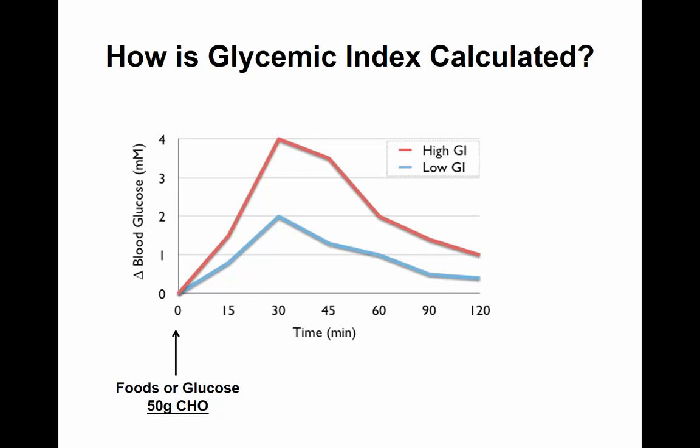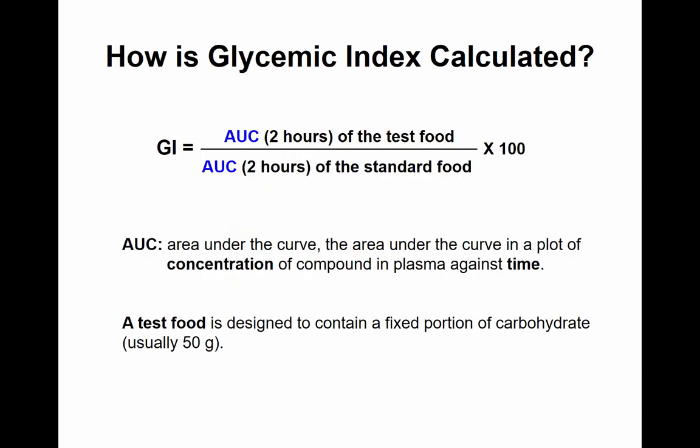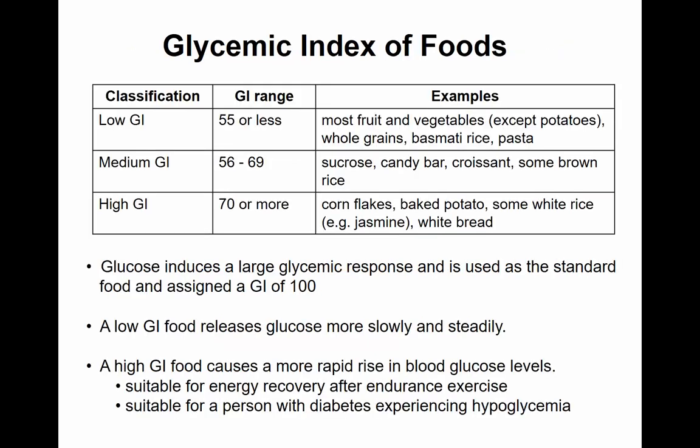The equation is the area under the curve of the test food divided by the area under the curve of the standard food, multiplied by 100. This is how GI is calculated, and this is the GI index of food.